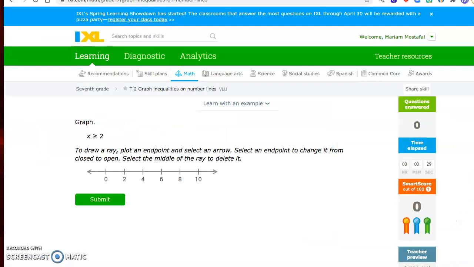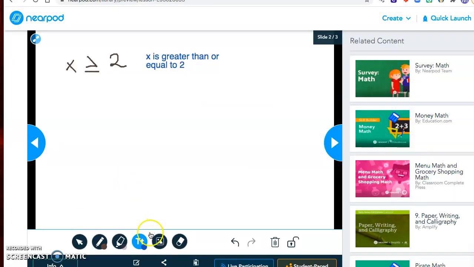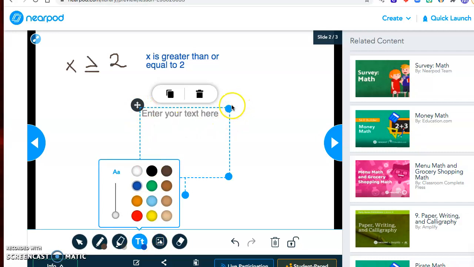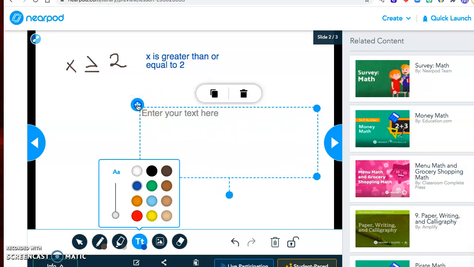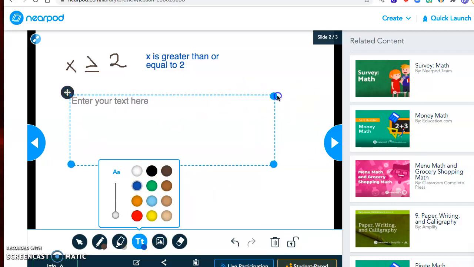So what does that mean? Well, now we have to graph it on the number line. How do I graph that? It's saying x is greater than or equal to 2, so you click on 2. The most important thing in terms of graphing is this: you have two options. I'm going to make this a lot bigger so you have it if you need it.